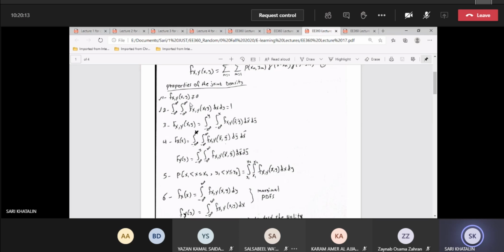These are two properties that can be used to determine whether the function is a valid PDF or not.